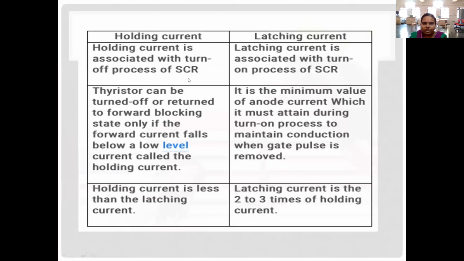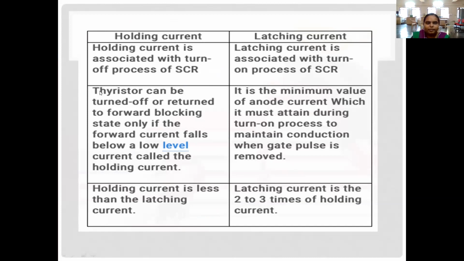What is the difference between latching and holding current? Holding current is associated with the turn off process of the SCR, whereas latching current is for the turn on process. Minimum current to turn on, and minimum current to stay on before turning off. That is your holding and latching current.